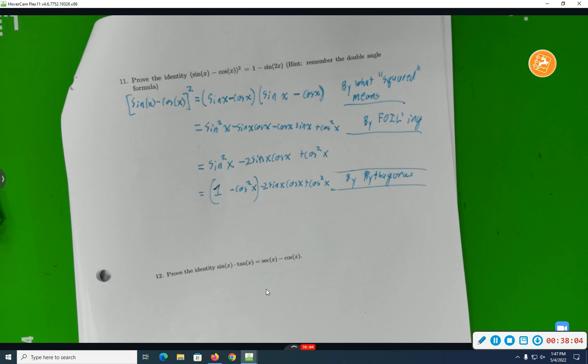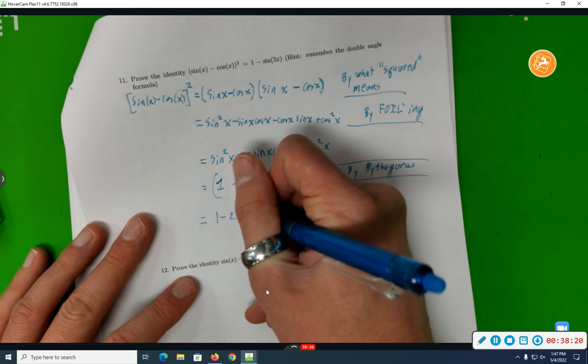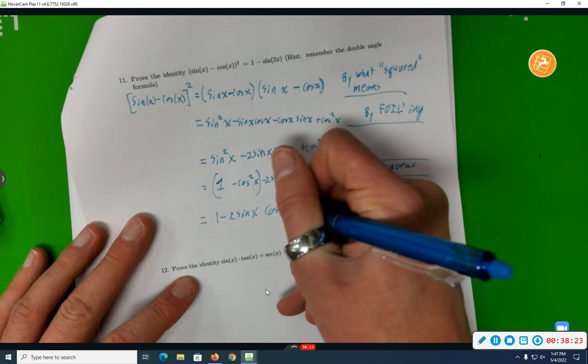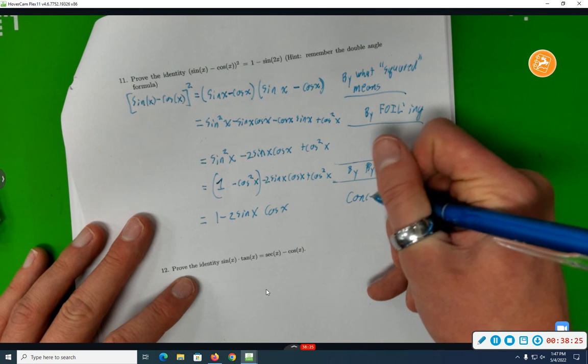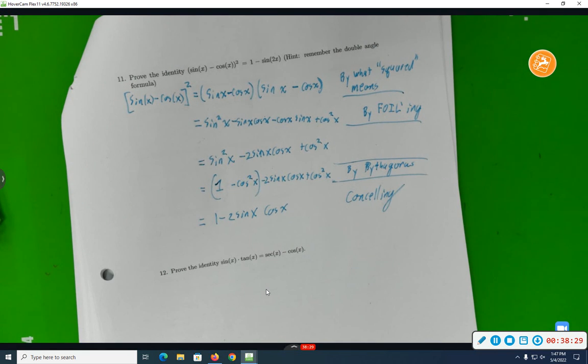Okay, now, is there anything that cancels? There's a minus cosine squared and a plus cosine squared. All right, and finally?